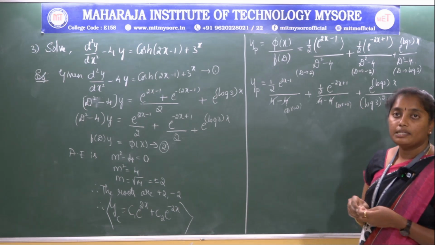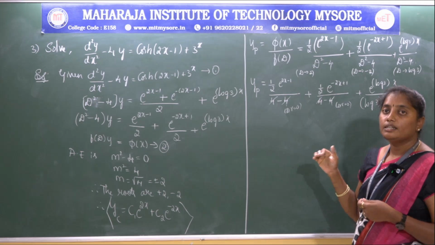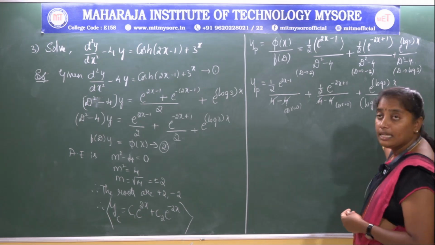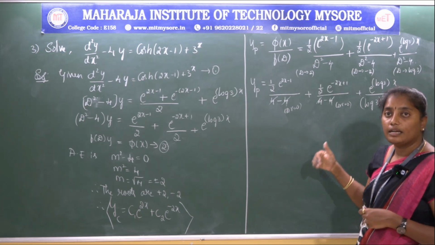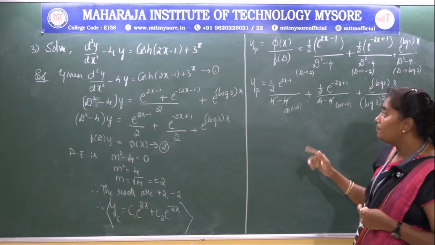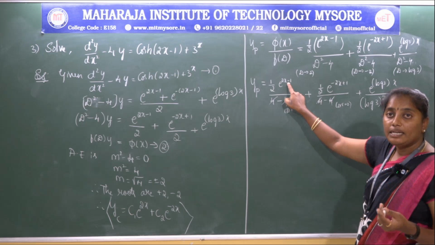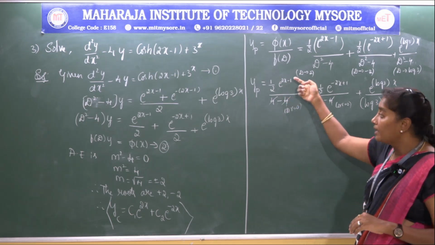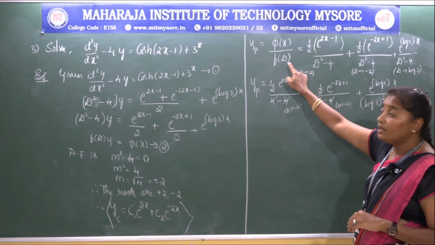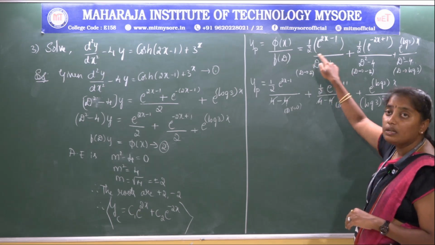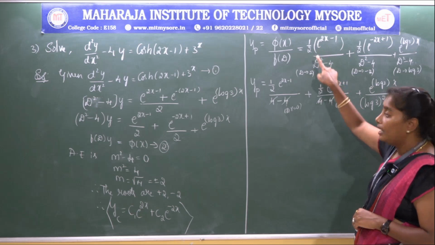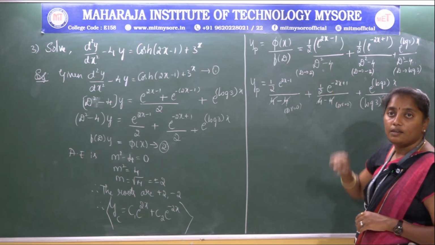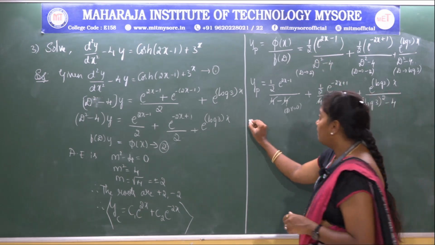While finding the particular integral, if denominator not equal to 0 like this, then that is the solution. If it is equal to 0, we have to continue further by multiplying the independent variable to the numerator and differentiating the denominator, that differential operator. We have to multiply x to the numerator and we have to differentiate the denominator term. So that is simplifying.